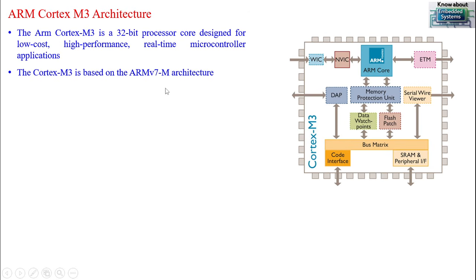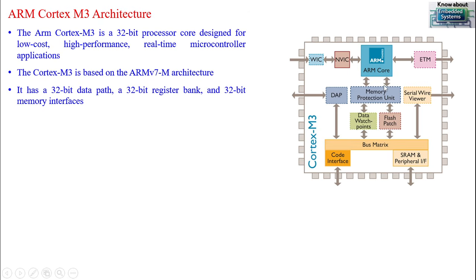In ARM we have different versions, version 4, version 5, version 6, like that. This ARM Cortex M3 falls under the version 7 M architecture. So what does the M stand for? M stands for microcontroller architecture. ARM Cortex M here stands for microcontroller architecture. So your Cortex M3 processor follows the ARM version 7 M architecture.